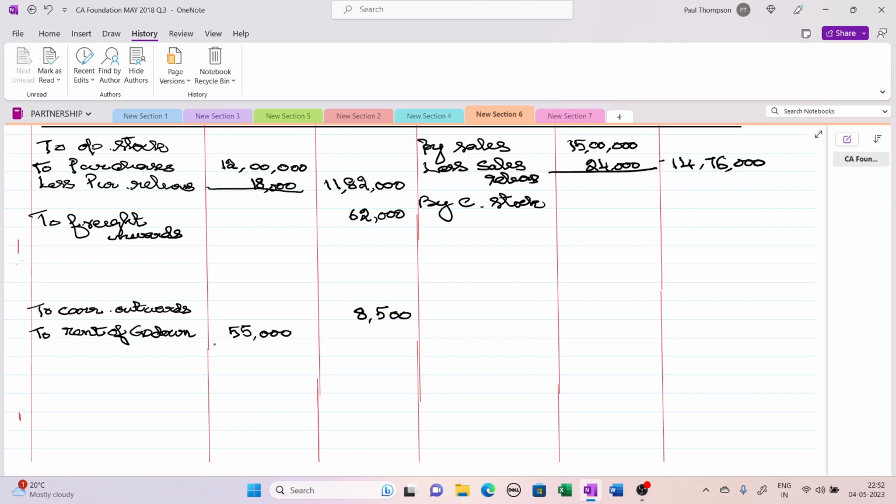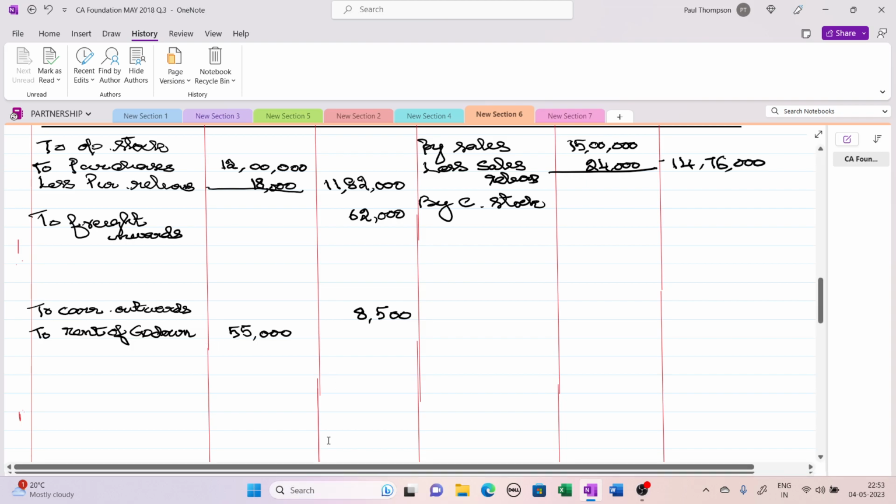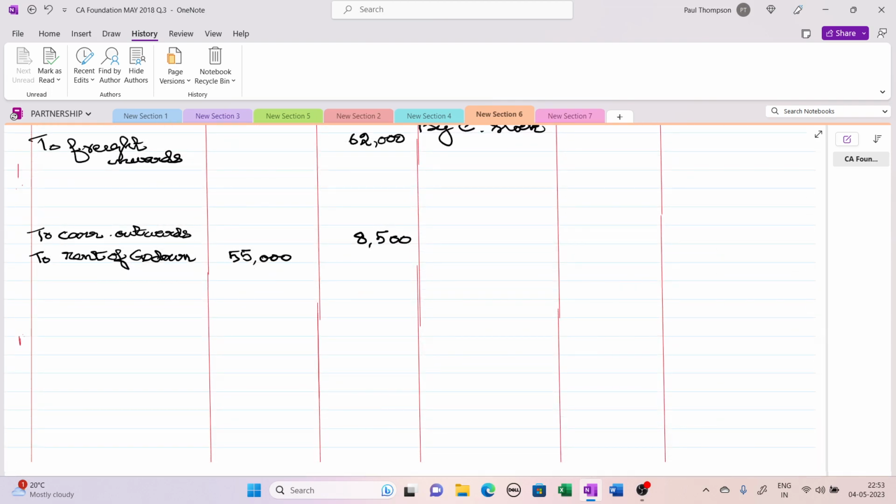Next item is rates and taxes. There is no adjustment, so we are moving on straight away to the outer column to rates and taxes. Rates and taxes amount is 24,000.